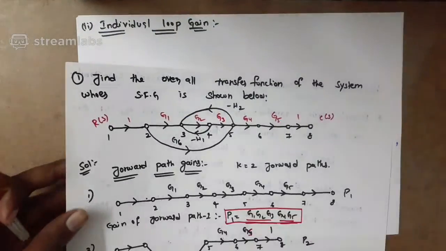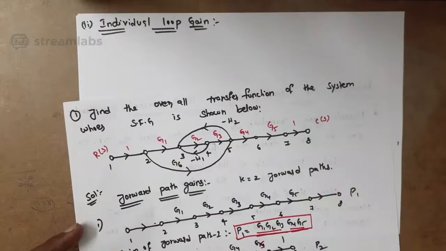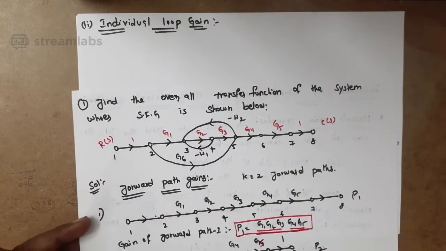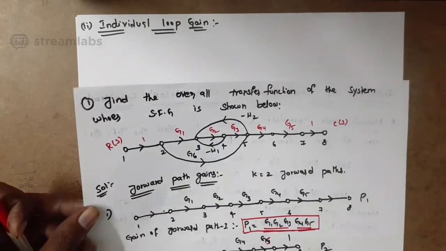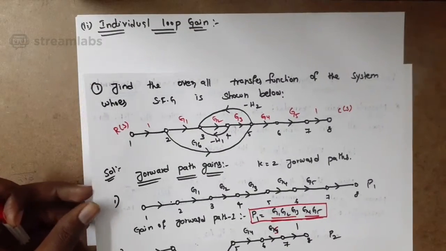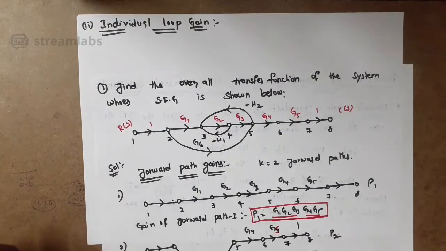From the problem, we are going to find out how many individual loops there are.